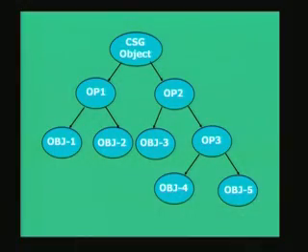Okay, so, this is a typical example of a constructive solid geometry tree where the object is on the top and which is the resultant of two different operations, let us say, which will unite finally and create this CSG object.